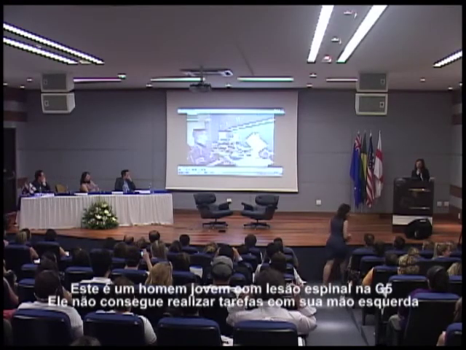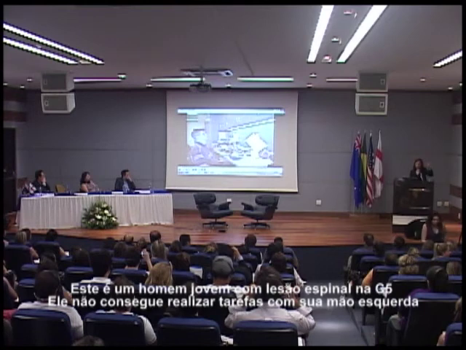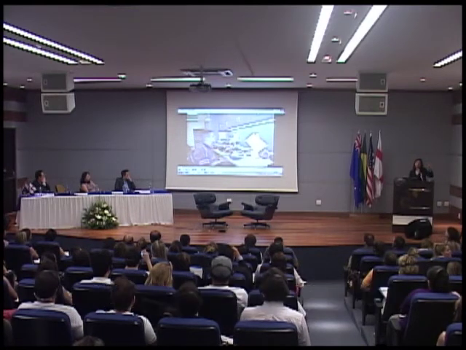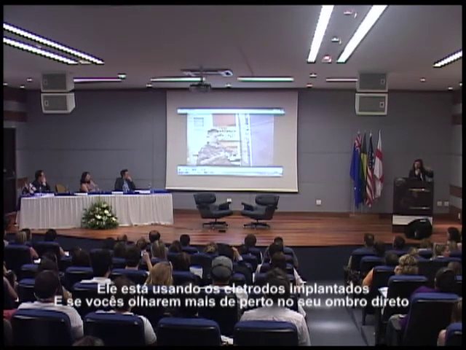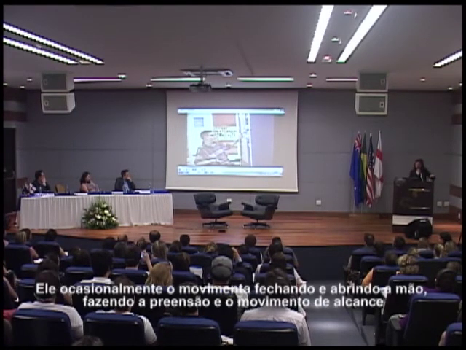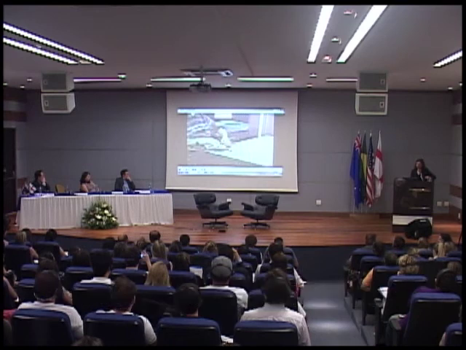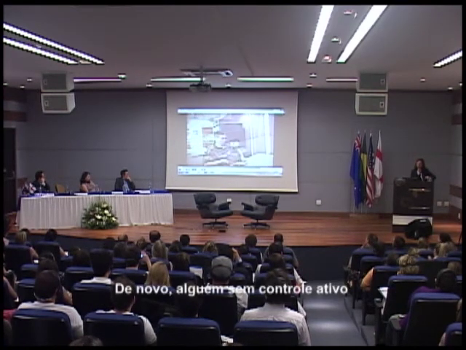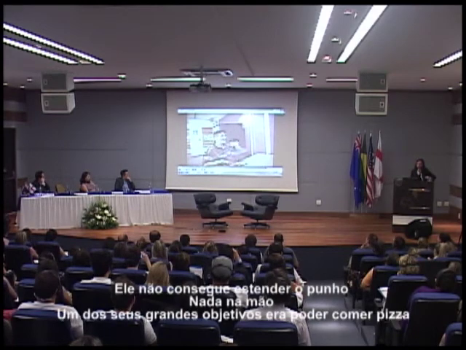So this is a young man with a C5 spinal cord injury, so he has no ability to actively use that left hand. He's using this all with implanted electrodes. And if you look really closely at his right shoulder, he will occasionally move that to lock and unlock his hand and to grasp and reach. So again, someone with no active control. He has no active wrist extension, anything in the hand.